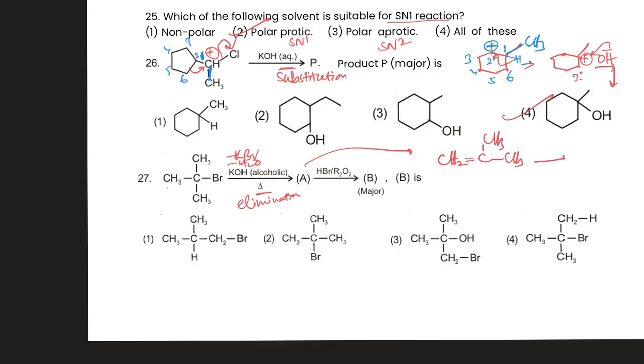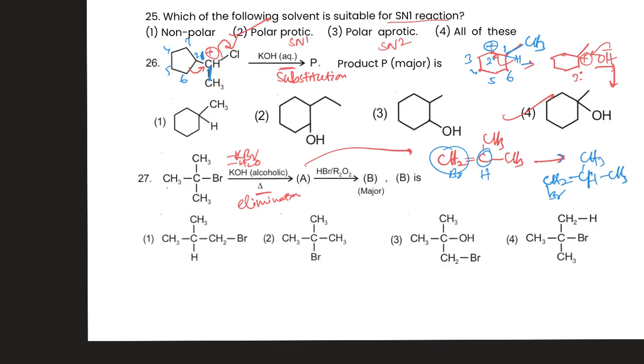This reacts with HBr and peroxide. HBr with peroxide means the anti-Markovnikov rule. Therefore bromine will attack at this position and hydrogen will attack here. Based on that, the product is CH2Br and CH with CH3 and CH3.